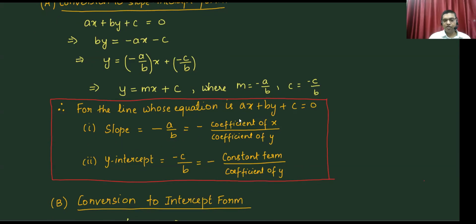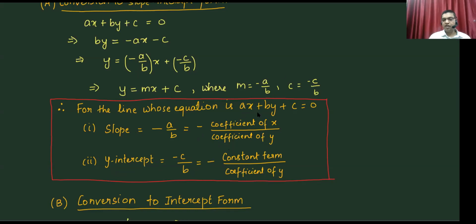Very, very important result this is. Slope m is minus a by b, which is minus of the coefficient of x by the coefficient of y. And the y-intercept is minus c by b, that is, minus of the constant term by the coefficient of y.